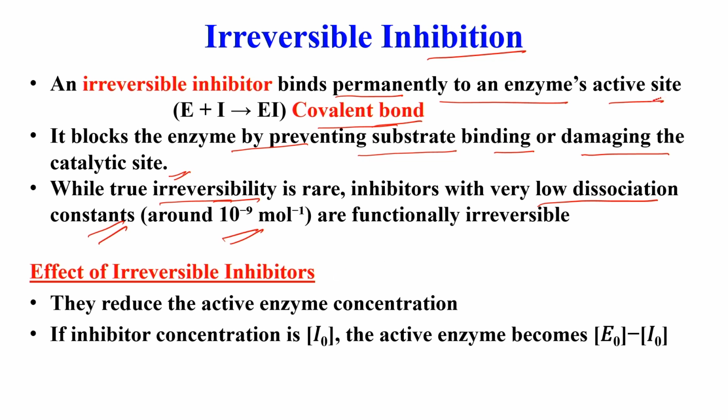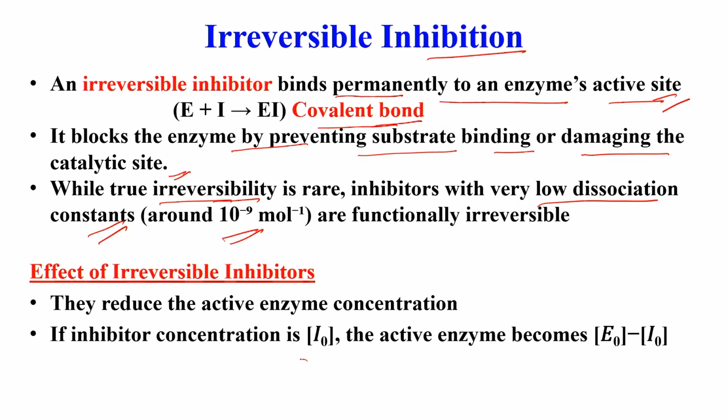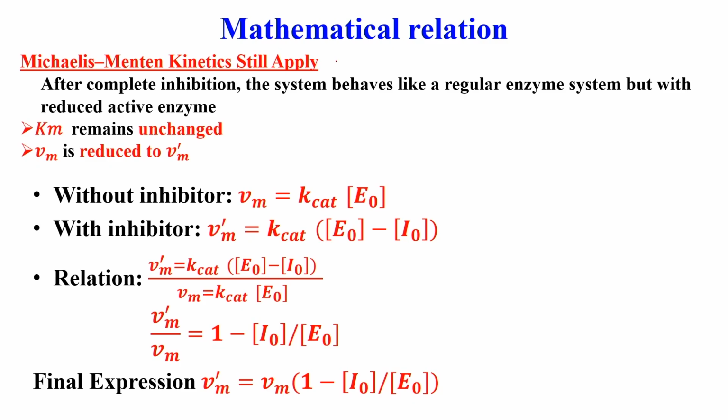Now, how does it work? It has made a certain portion of the enzyme inactive. So, if the inhibitor concentration is I naught, we can say active enzyme becomes E naught minus I naught. So, this is the active enzyme, and once you know this active enzyme, we can still apply the Michaelis-Menten equation. What is going to change here?